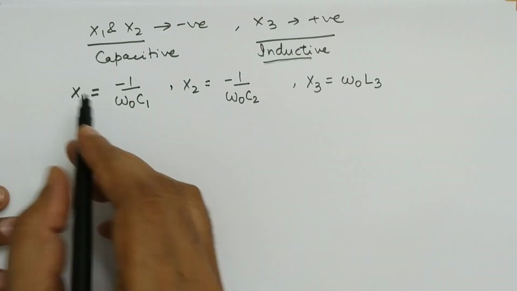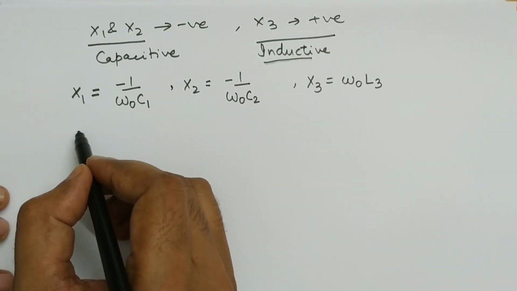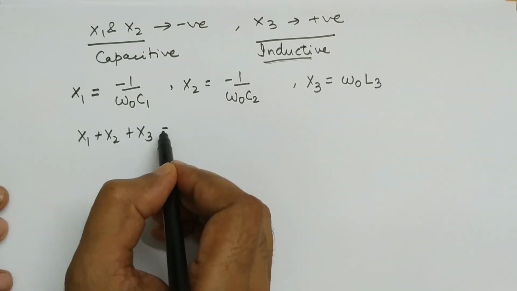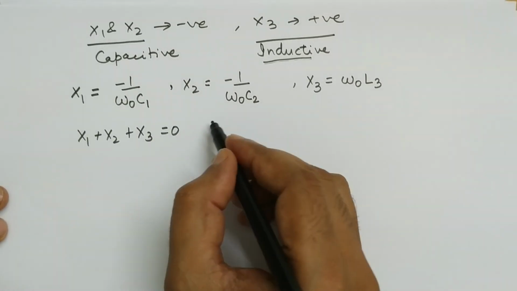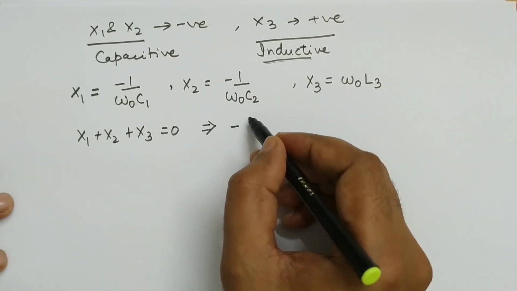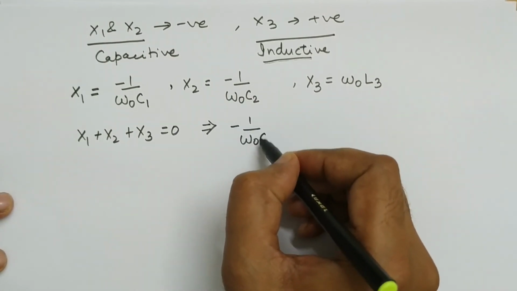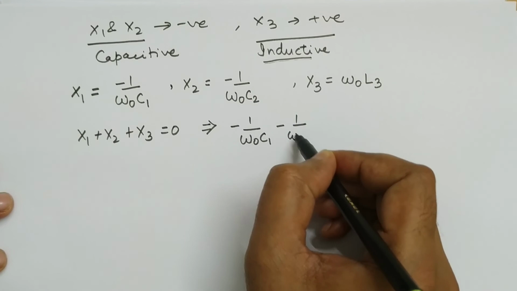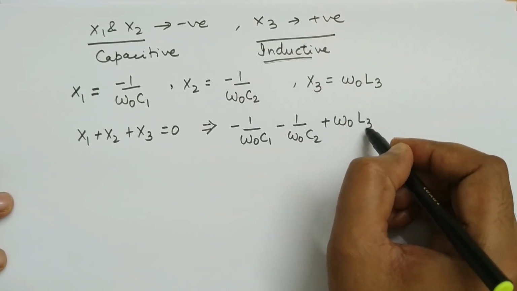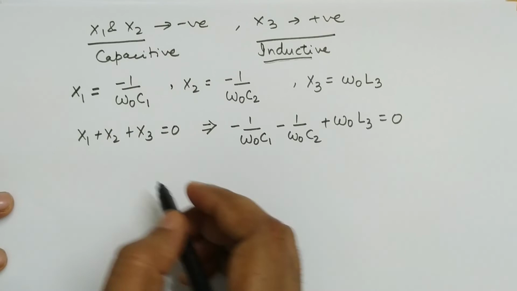So by taking the relation x1 plus x2 plus x3 equal to 0, we can find out the frequency of oscillation. So minus 1 by omega naught C1 minus 1 by omega naught C2 plus omega naught L3 equal to 0.